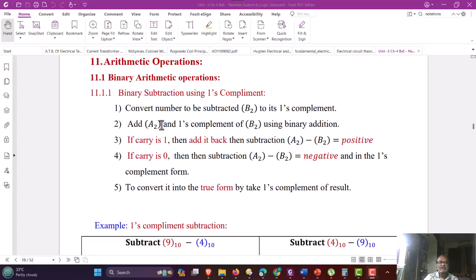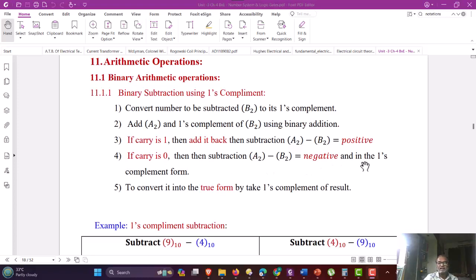Then add the 1's complement of B2 to number A2. If a carry is generated, then add this carry back to the result. If a carry is generated, A2 minus B2 is positive, meaning A2 is more than B2. If no carry is generated, then A2 minus B2 is negative.